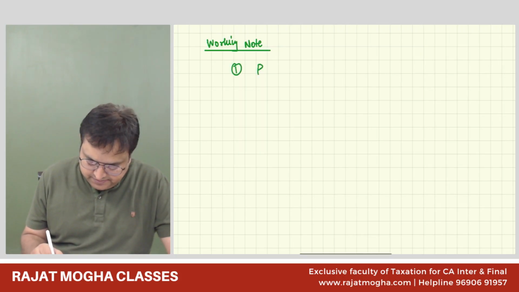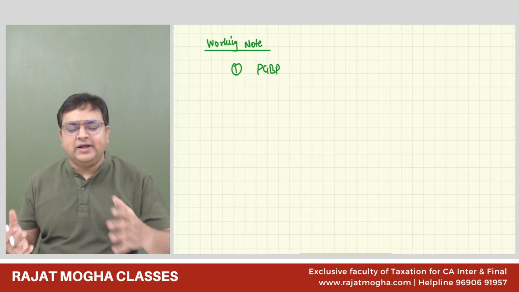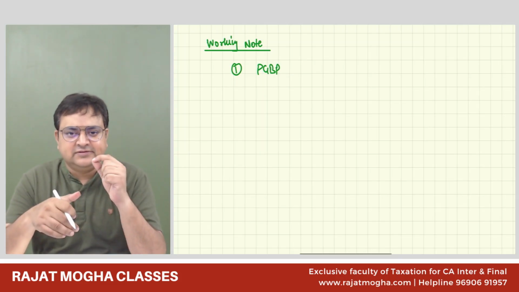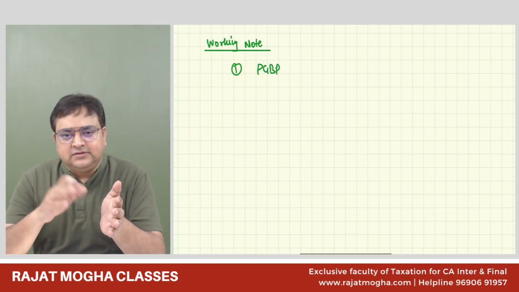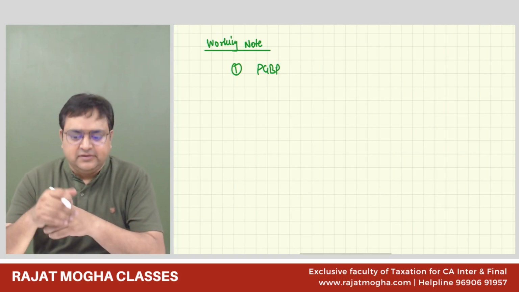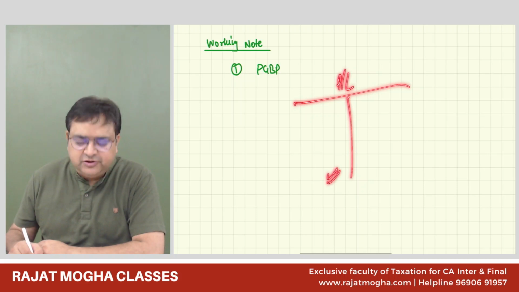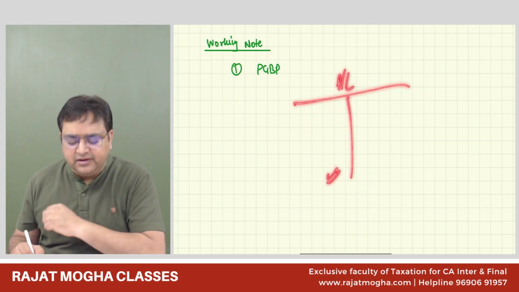One, PGBP. How we do PGBP, you all know that we have 4 steps. We start with the net profit as per the P&L account. First step is net profit as per P&L account. Second step is expenses side. Third step is income side. And fourth step is your information, right? In your P&L account, first step, you start with your net profit. If it is a net loss, start with a negative figure.